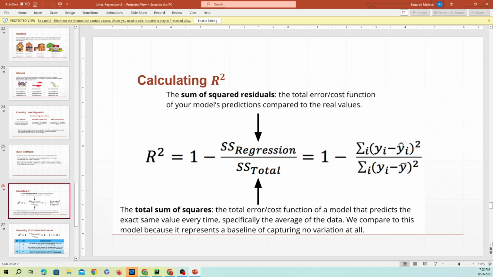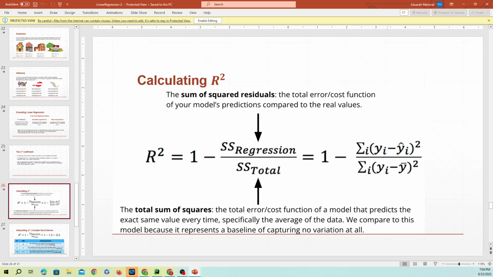So you have one residual at the top. You're adding every single residual in your data, and in the bottom part, you're adding the difference of the y values between each point in your linear regression.